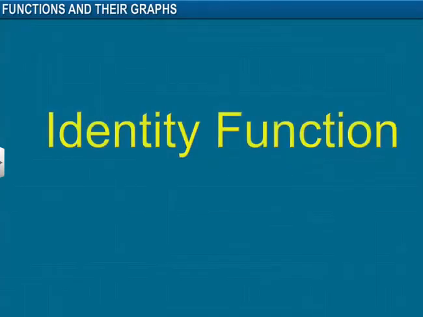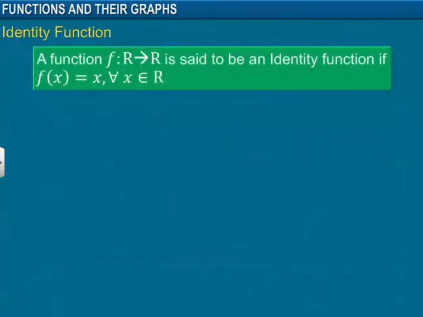The first function we are going to discuss is the identity function. An identity function is a function f from set R to set R, such that f(x) is equal to x for all x belonging to set R. An identity function is denoted by I with subscript R. Let A be the set having elements 1, 2, and 3.